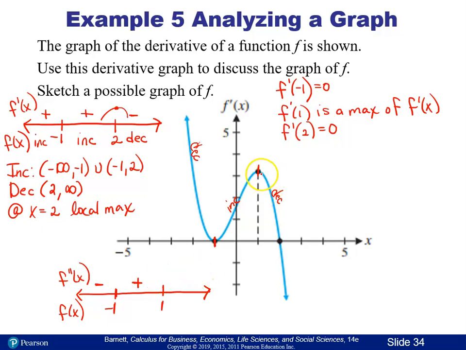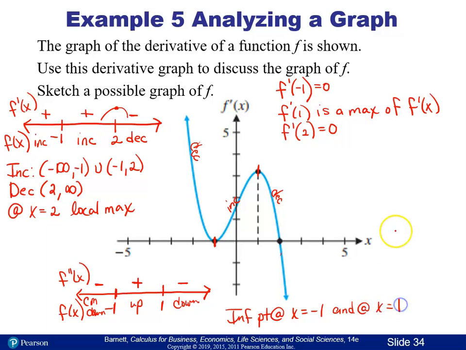And then in this part, our first derivative is decreasing, so our second derivative is negative. So what that tells me is that we have concave down, then concave up, and then concave down again. Because we do have sign changes, we actually have two inflection points.